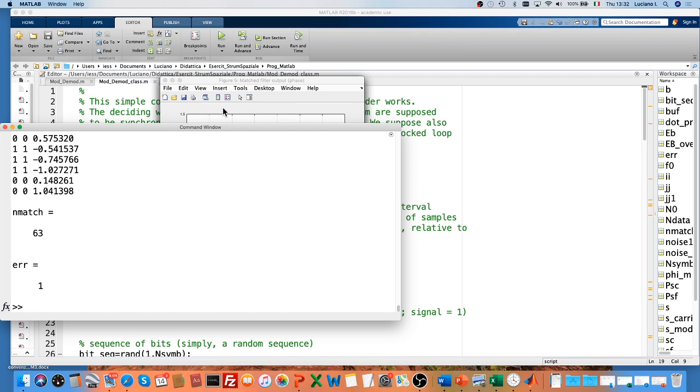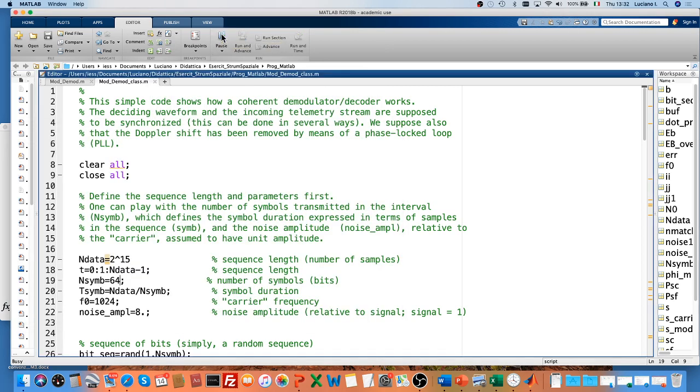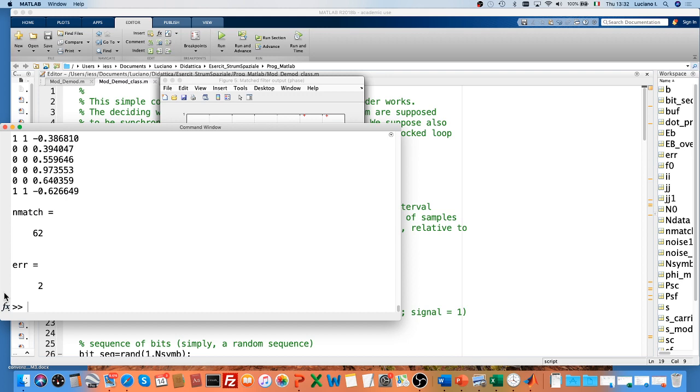Okay? Only one in this case. Let us do another run and see what happens. 2 errors in this case. So 2 errors over 64 bits still is a very large bit error rate.